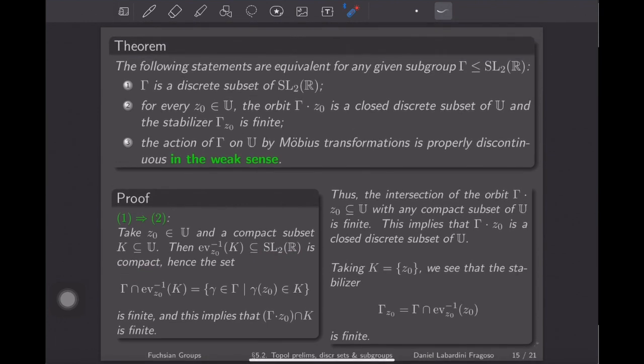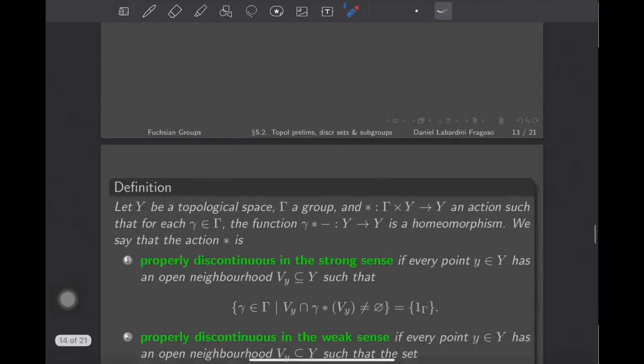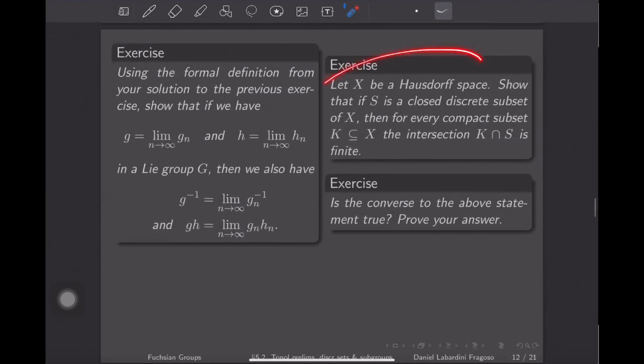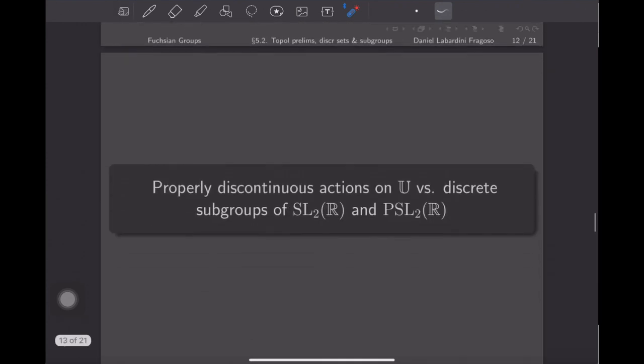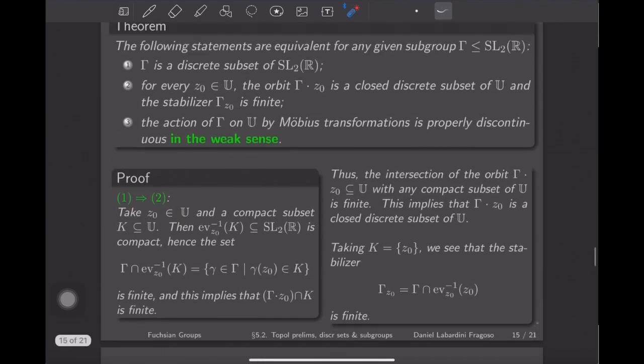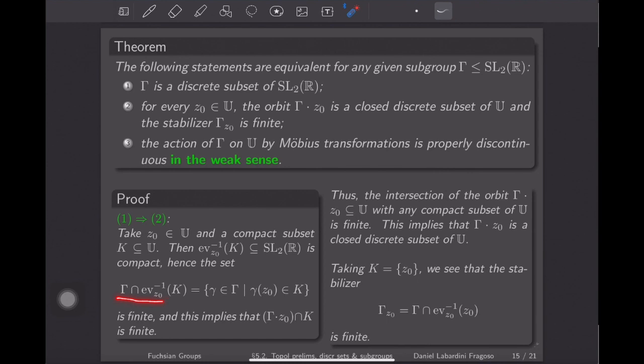And so I have my compact subset of SL2R, and my closed discrete subset of SL2R. And so this intersection is finite by one of the previous exercises. So this intersection is finite.